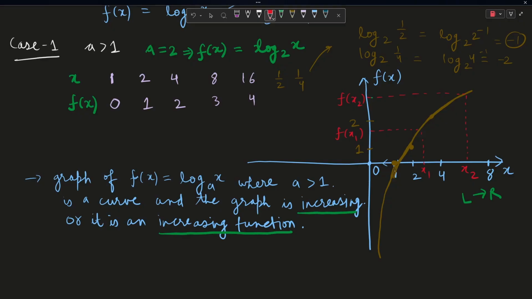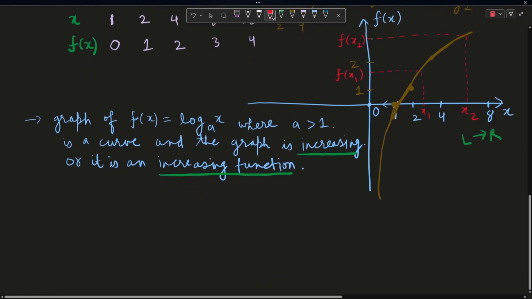Now just see the movement of the input and the movement of the output. If the input is increasing, then the output must increase. If the output is also increasing, then it is an increasing function. But if the input is increasing but the output is decreasing, then the function is decreasing. It is as simple as that.